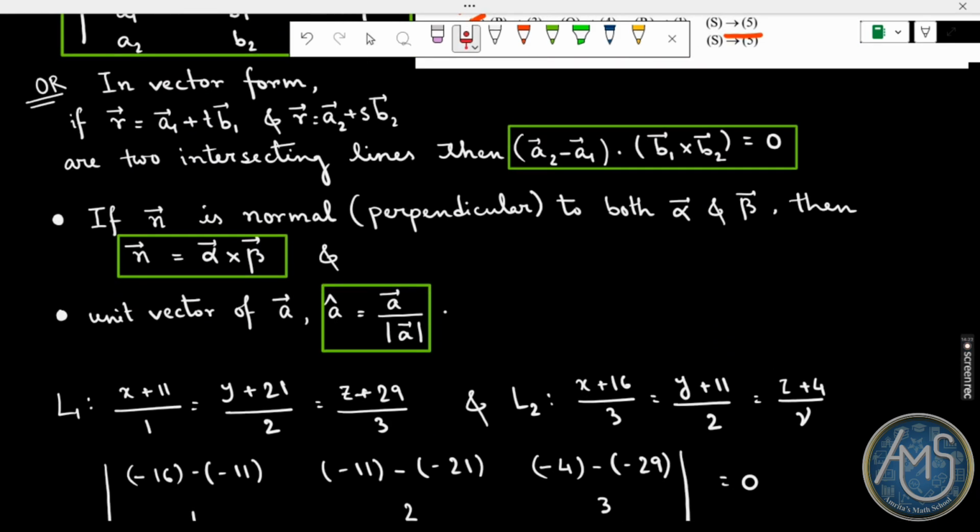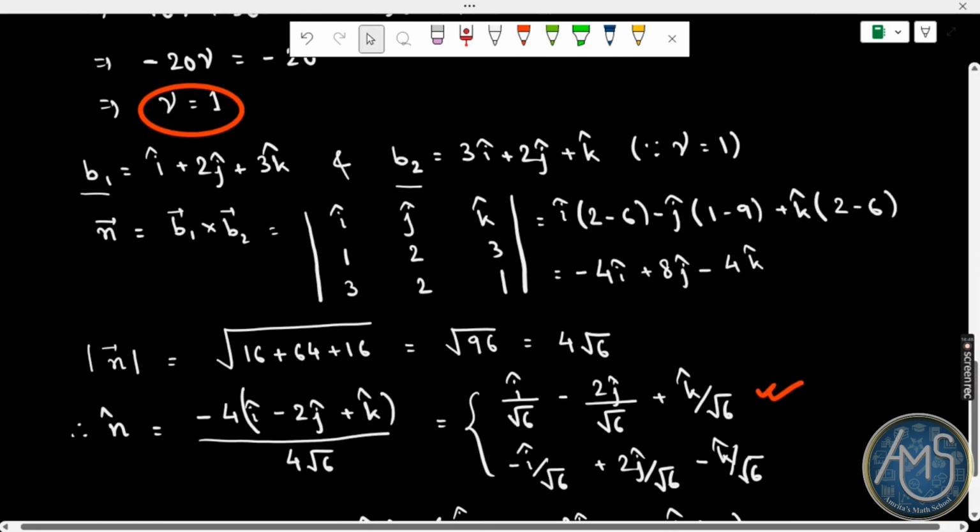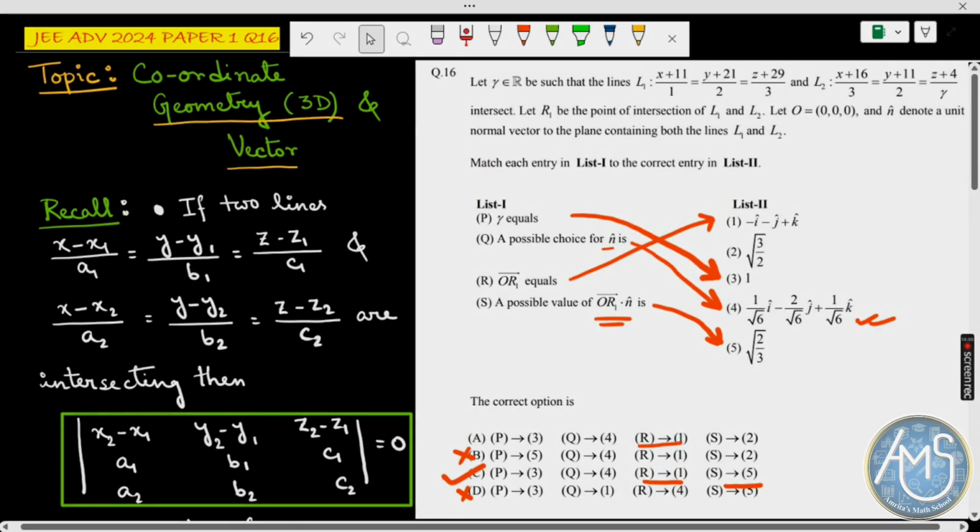And if a vector is normal or perpendicular to two vectors, then that vector will be the cross product of those two given vectors. And how to find the unit vector? It is the simplest one, that the vector divided by its modulus gives us the unit vector, and we have used that only.